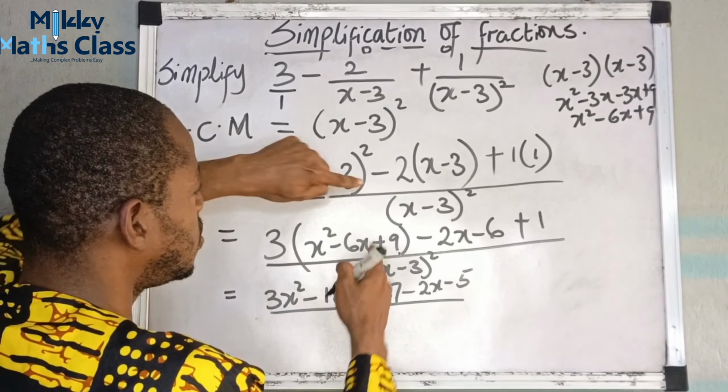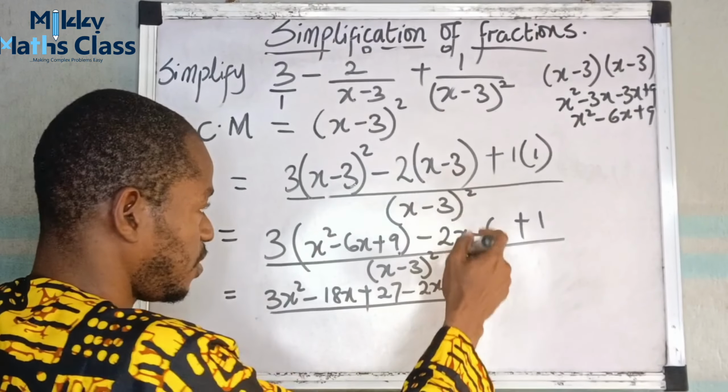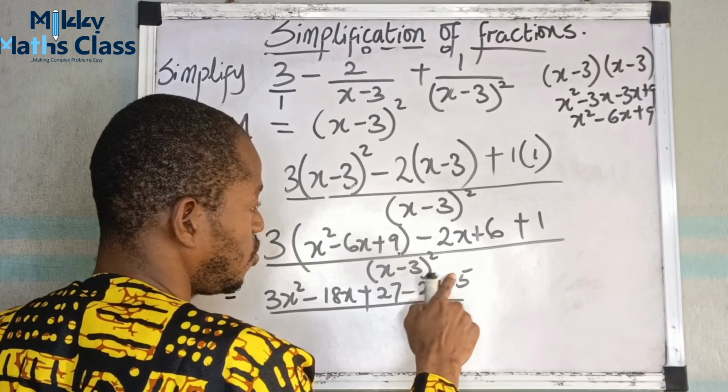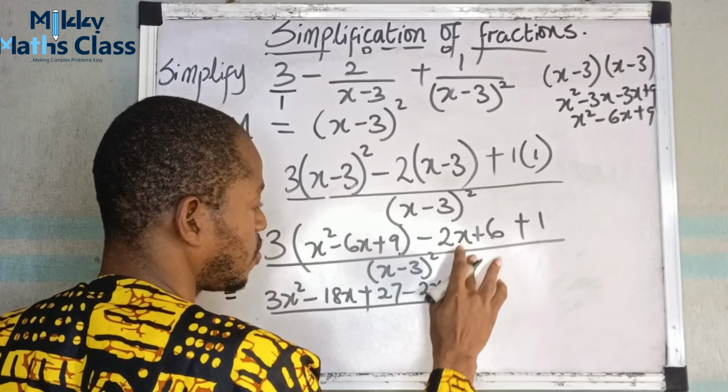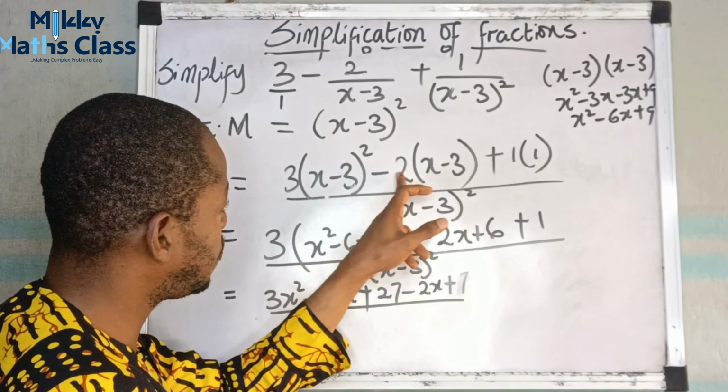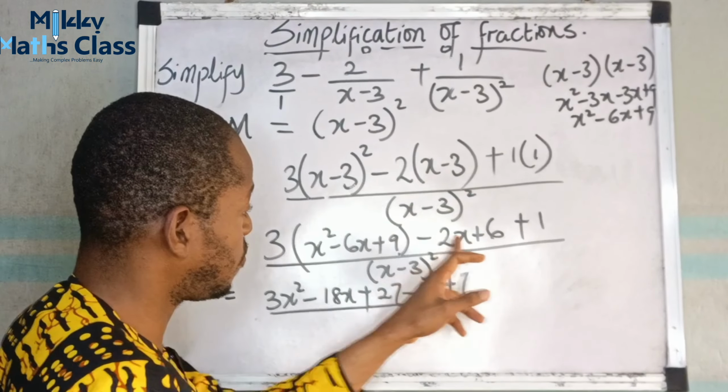Hold on, sorry, this is negative 2 times negative 3, that's positive 6. Positive 6. So this will give us positive 7. Take note, negative 2 times x, that's negative 2x.